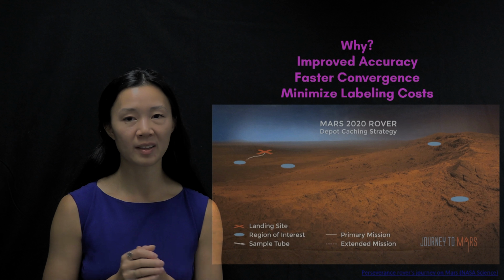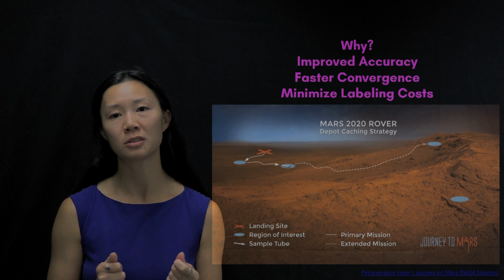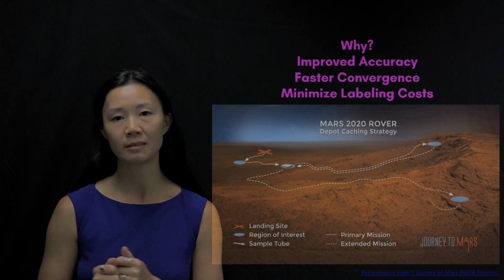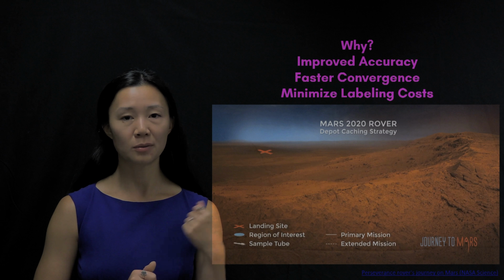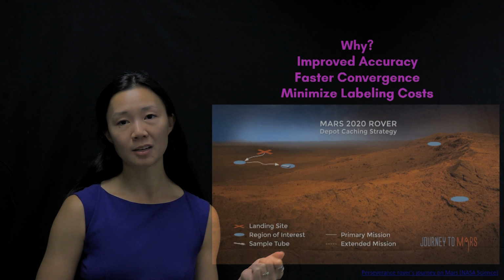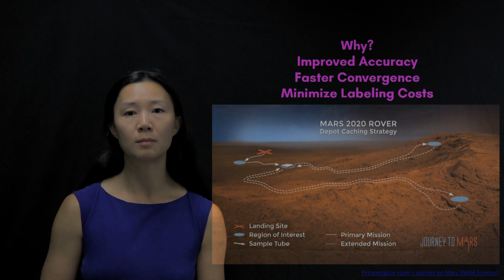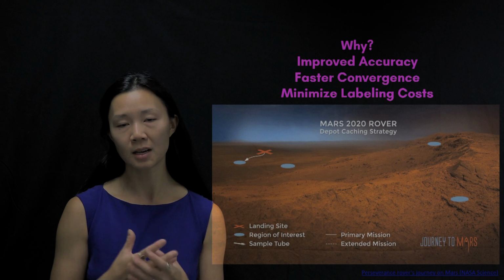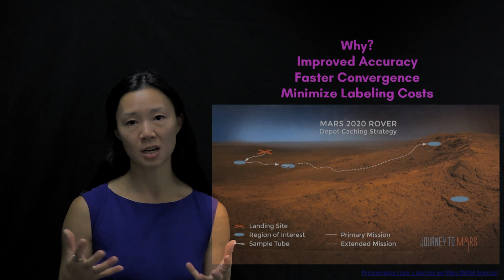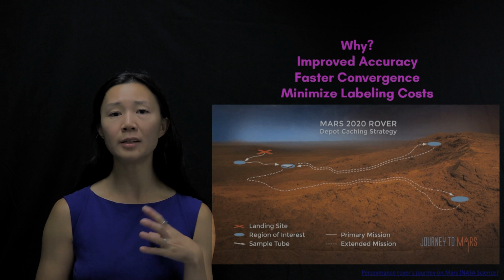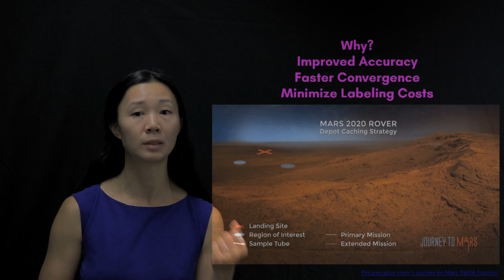Well, one way of doing that is to collect really informationally dense samples from scientifically interesting spots. So this is an application where active learning makes the most sense, where if you can minimize the number of samples that you have to collect to get a good model or understanding of your environment, then you can minimize the cost associated with labeling.